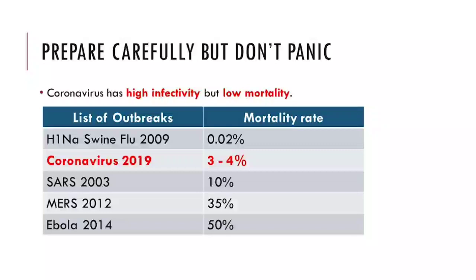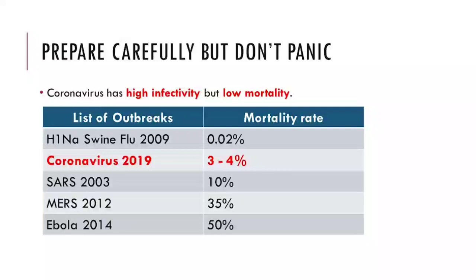Let's look at this carefully, but don't panic. Coronavirus has high infectivity but low mortality. Let us look at virus outbreaks in the past. Swine flu in 2001, the mortality rate was 0.02%. SARS in 2003, the mortality rate was 10%.